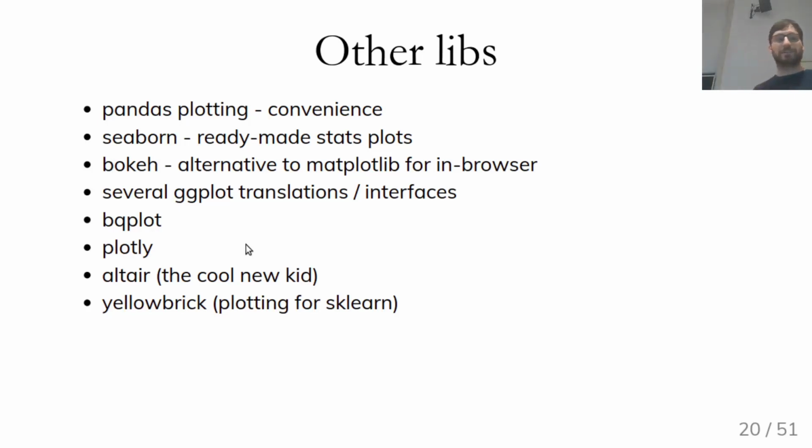And then there's a couple of alternatives. I think by now the most commonly used ones are Bokeh and Altair. Bokeh and Altair are basically complete rewrites of the visualization from the ground up.